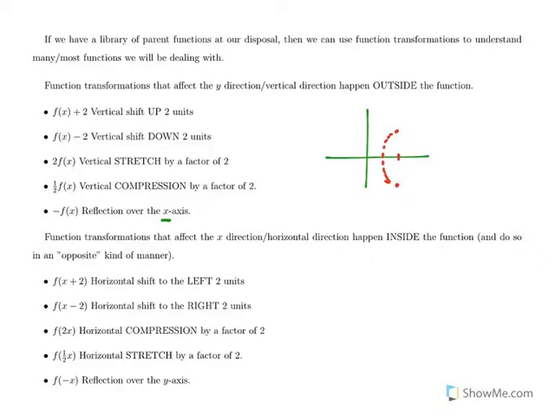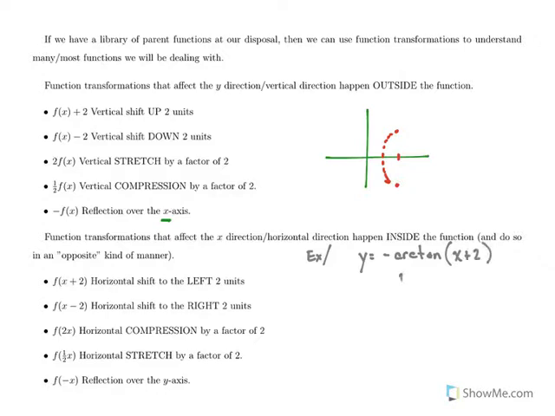So with all these in tow, we are now able to deal with any kind of function that you might want to deal with. So for example, we could deal with a function like, let's use what we just did, y equals negative arctangent of x plus 2.